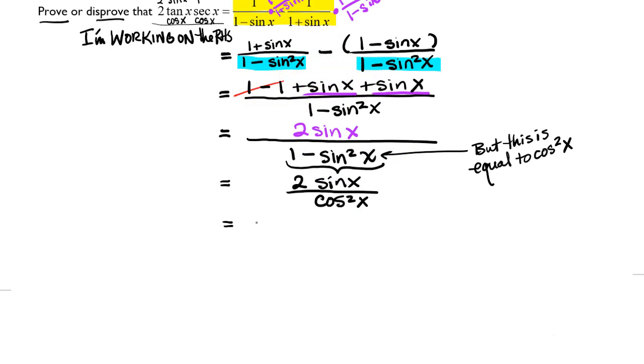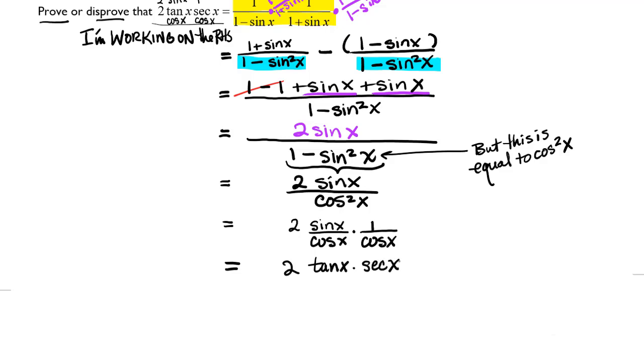And then I can break it up where I have a 2 sine x over cosine x times 1 over cosine x, which is equal to 2 tangent of x times secant of x.